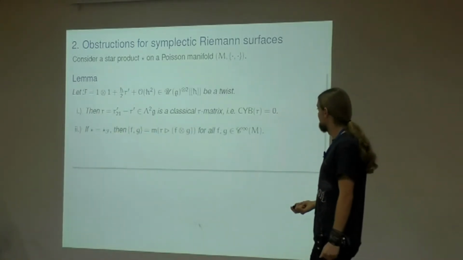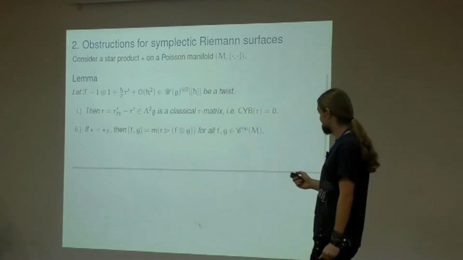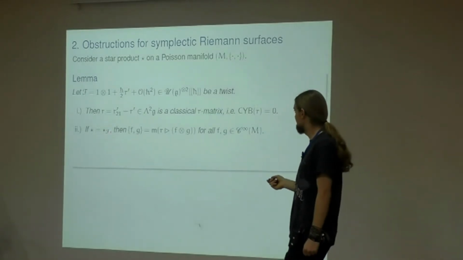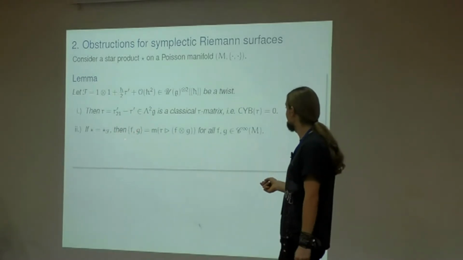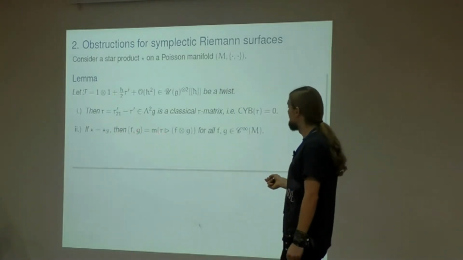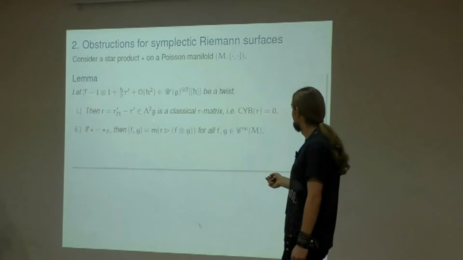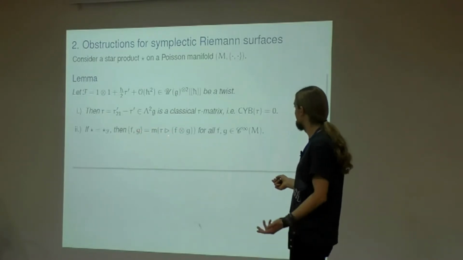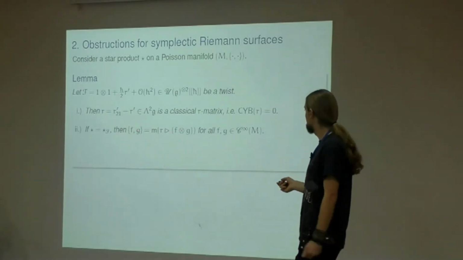What you can also prove, which is very useful, is that if your star product is a twist star product for this twist, then the Poisson bracket is just the R matrix, this object here, acting on the functions and multiplying them. So it's a very simple form of this Poisson bracket.